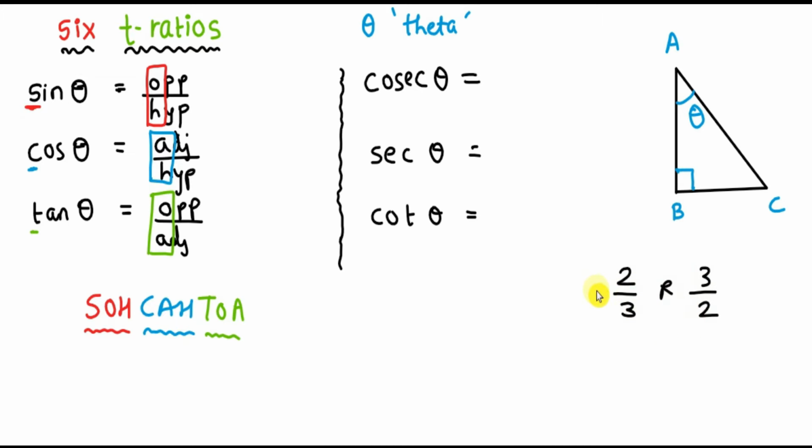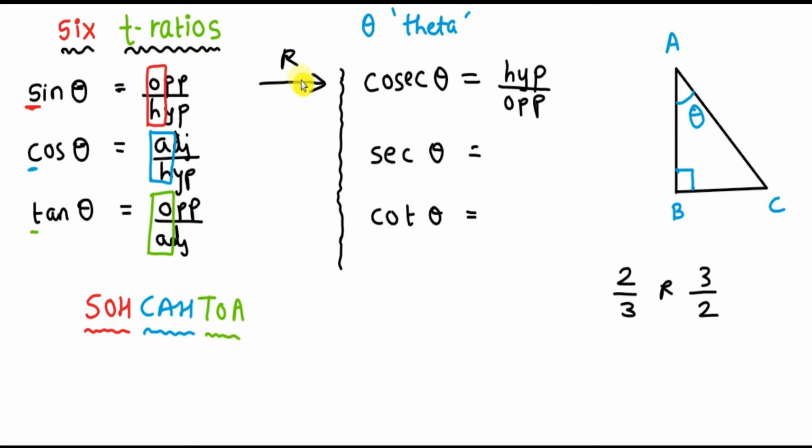So similarly, opposite upon hypotenuse, reciprocal is hypotenuse upon opposite. And if we do reciprocal of opposite upon hypotenuse, that is hypotenuse upon opposite, we get cosec ratio. So we can say that sine theta's reciprocal is cosec theta.